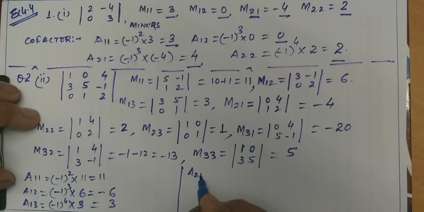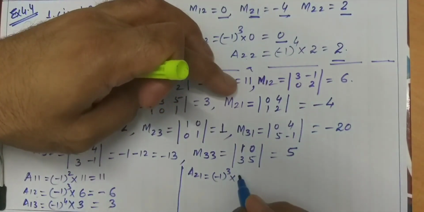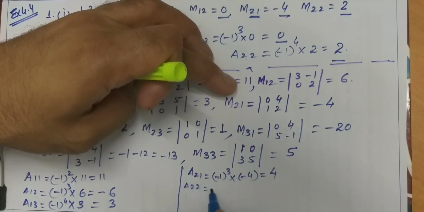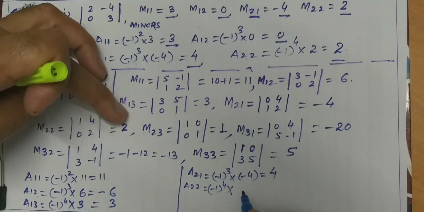A21, which is equal to minus 1 to the power 3 into 21 we got minus 4, so minus into minus, plus 4. A22 is equal to minus 1 to the power 4 into 22 we got 2, so positive 2.